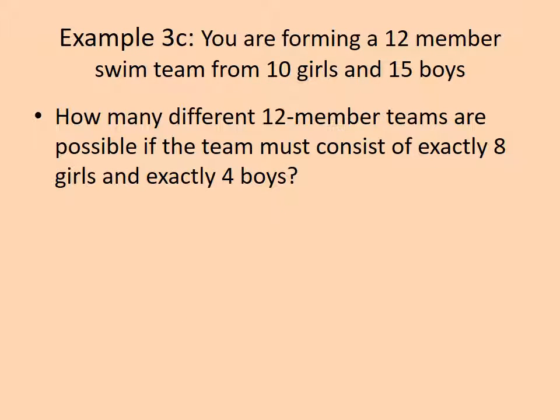This example is similar to the last one, except this time you're choosing exactly 8 girls and exactly 4 boys. So once again, you need your slot for girls. This time we're choosing 8 girls, and your slot for boys, this time we're choosing 4 boys. So from our 10 girls, we're going to choose 8. So it's going to be 10C8.